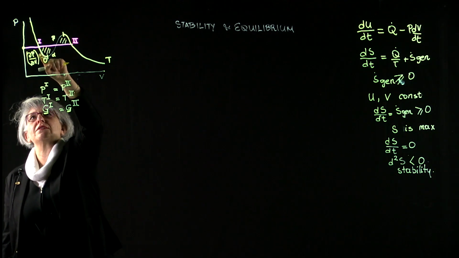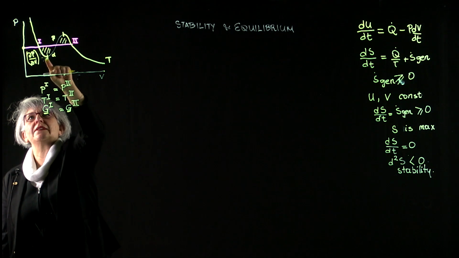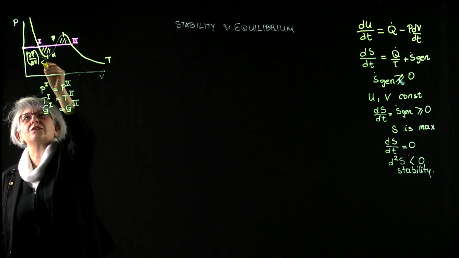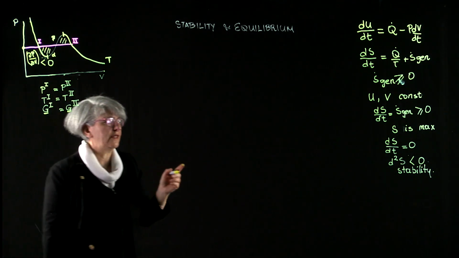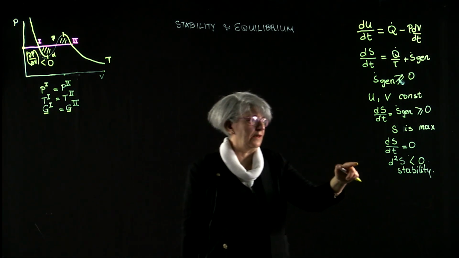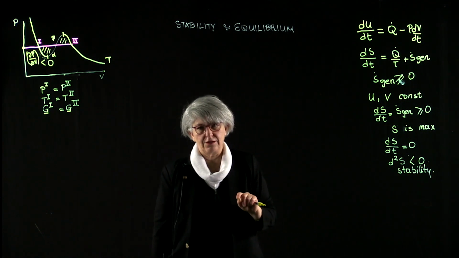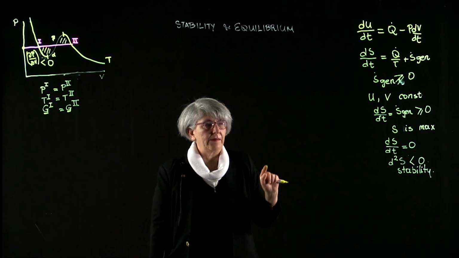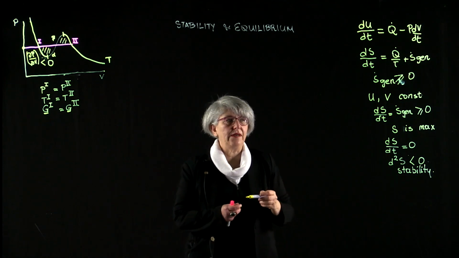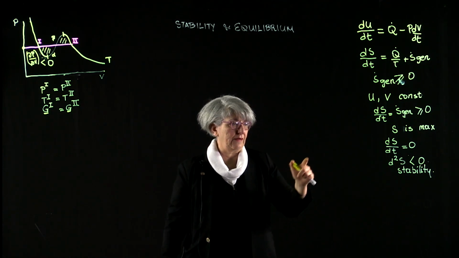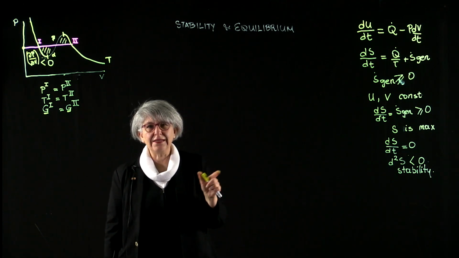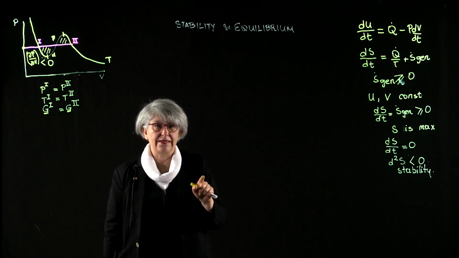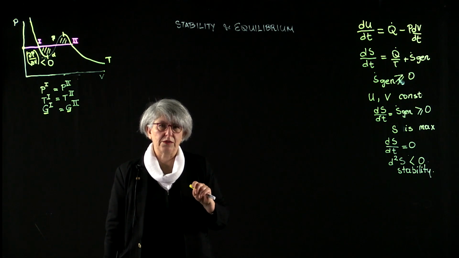So let's just make this a little bit clear: this should be less than 0, right, is going to be evident from d square s to be less than 0. But before we go to the algebra of this problem, let us see what other constraints lead us to equilibrium conditions.